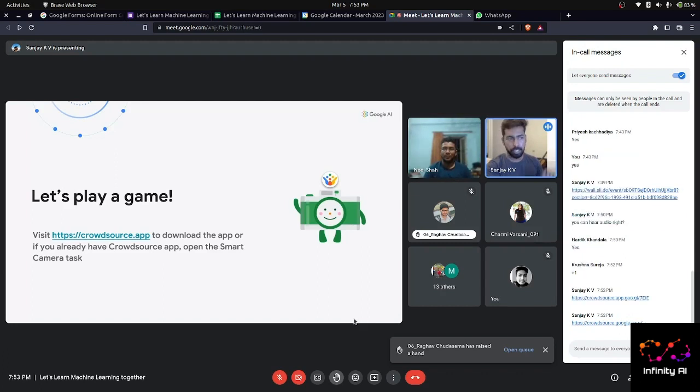Now, by attending this session, you are also being exposed to Google Crowdsource, where you have an opportunity to become a Google Crowdsource influencer in the future.